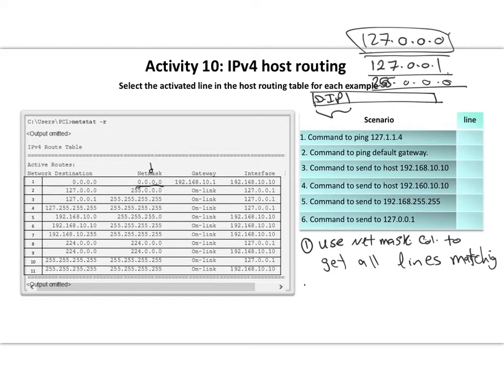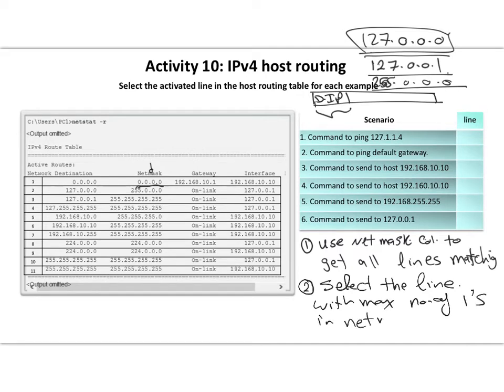Step number 2: select the line with the maximum number of ones in the net mask. Note there could also be multiple lines matching.